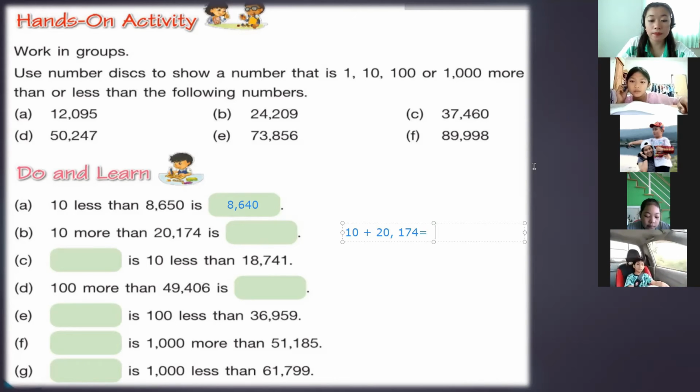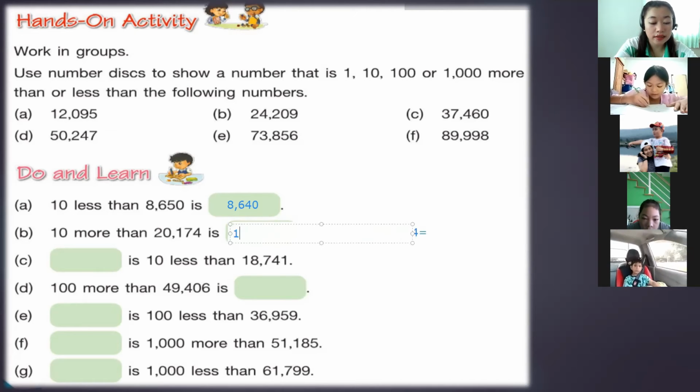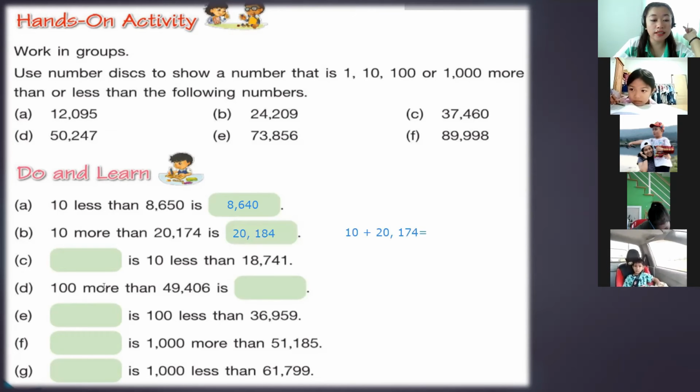It will be 20,184. So we just add 10. Okay, so the answer is 20,184.